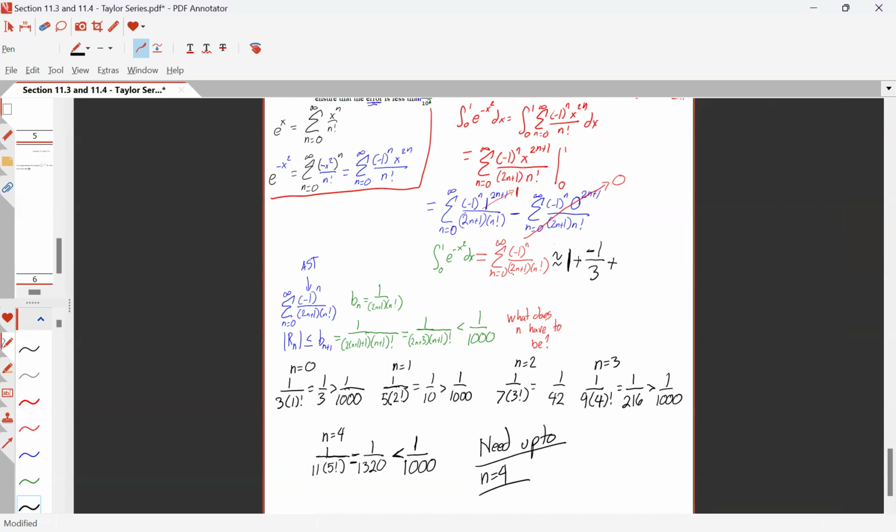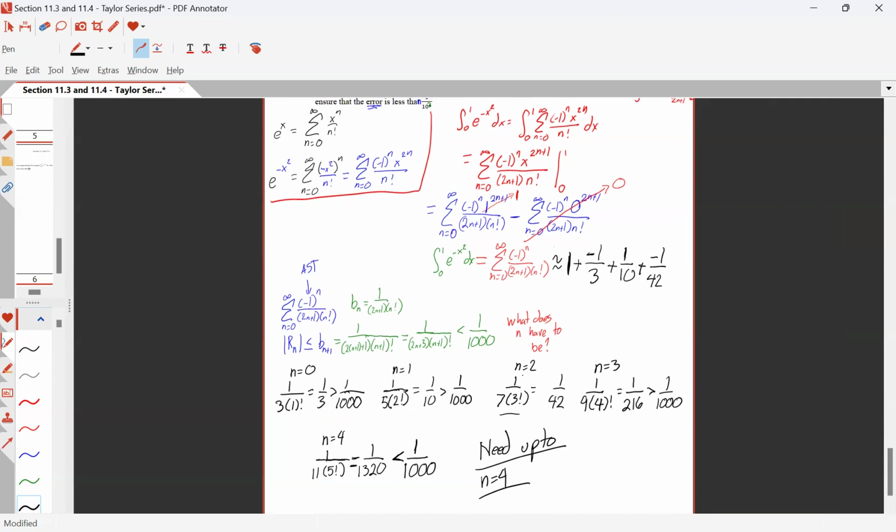Plus, when n equals 2, we have 1 over 5 times 2 factorial, that's 10. If you notice, these are turning out to be the ones we've already calculated. So the next one would be plus a negative 1 over 42, and then plus 1 over 216. There is our n equals 0, 1, 2, 3, and 4.